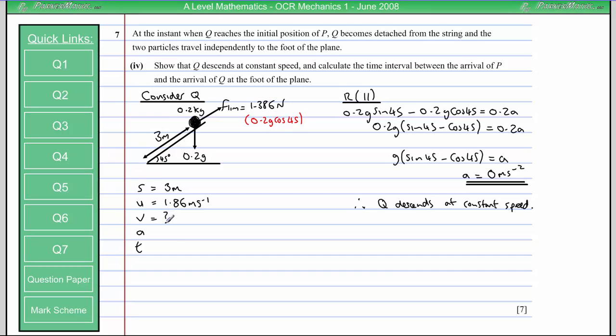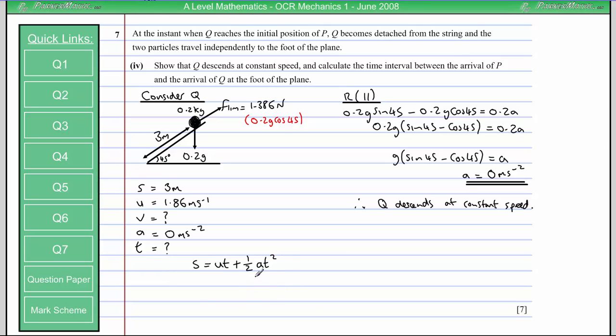We're not interested in the final velocity. We know the acceleration is 0. And we're trying to find the value of the time when it reaches the bottom of the slope. So we're looking for an equation that involves s, u, a and t. And we could use s equals ut plus half at squared.